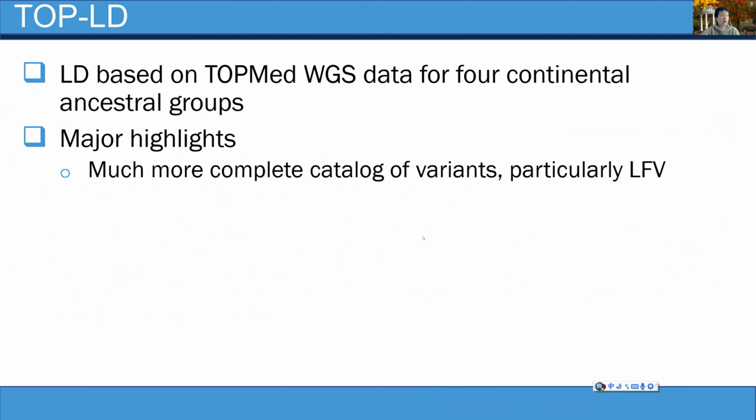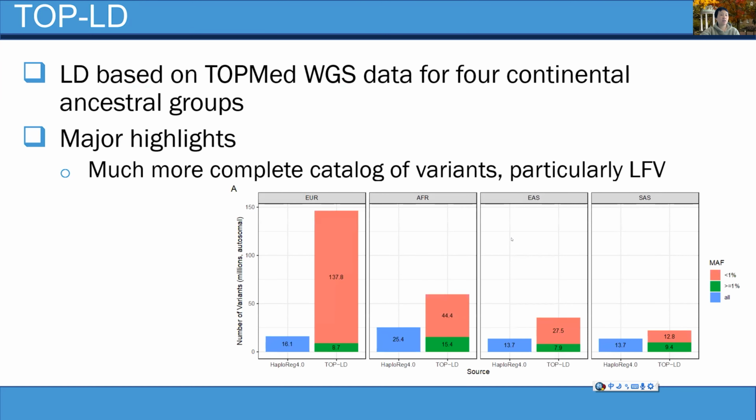I would like to highlight several aspects. First, our TOPLD catalogs a much more complete set of variants, particularly lower frequency variants. Shown here for the 4 ancestry groups is the number of variants in TOPLD, the right bar, compared to HaploReg.